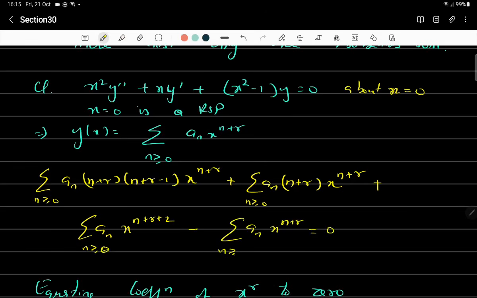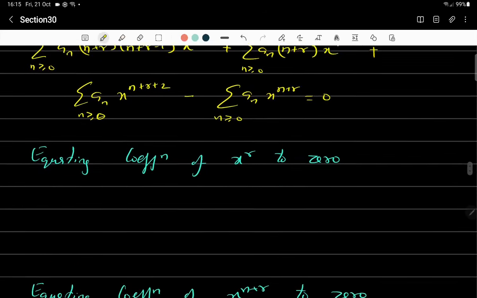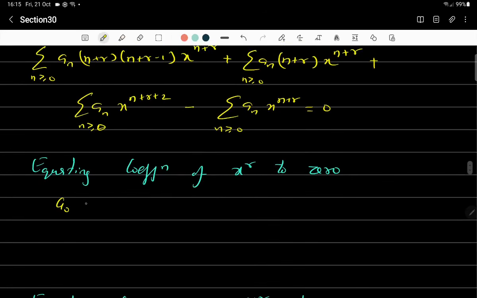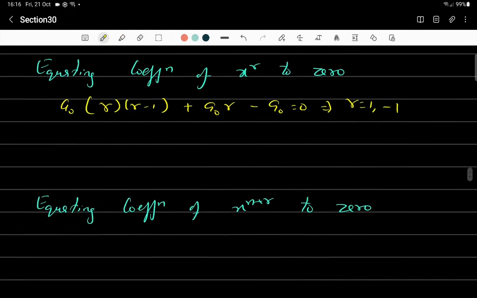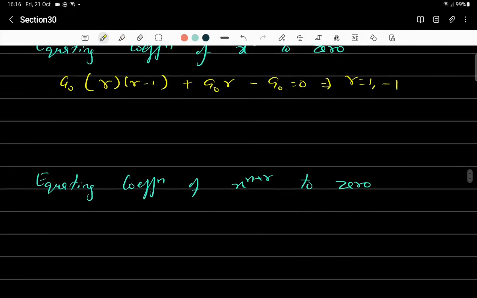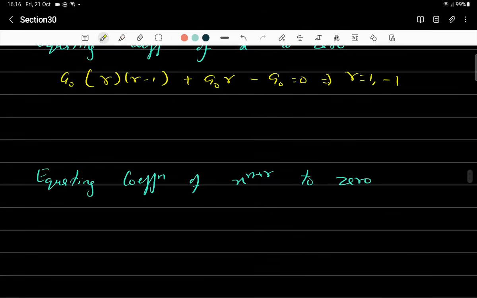So an (n plus r)(n plus r minus 1) x raised to the power n plus r, plus an (n plus r) x raised to the power n plus r. Again, the first term was multiplied by x squared, the second term is multiplied by x, then x squared is there, so an x raised to the power n plus r plus 2, and the last is an x raised to the power n plus r.